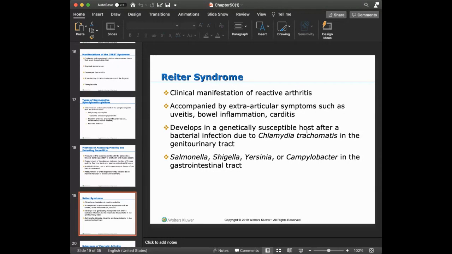We can also see it with salmonella, campylobacter, things that cause gastroenteritis that leads to this inflammatory process in the body. So it's basically just a genetic reaction to these disease processes, these bacterial infections that lead to arthritis and inflammation throughout the body.